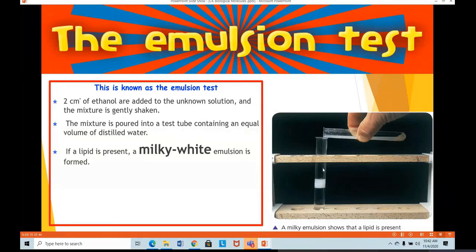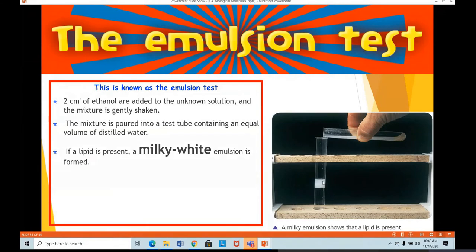If the fat or lipid is present in the solution, it turns into a milky white emulsion, as you can see. Meaning along with the ethanol, any vegetable oil has been mixed, shaken and added to the distilled water.